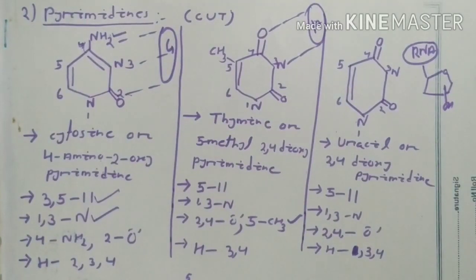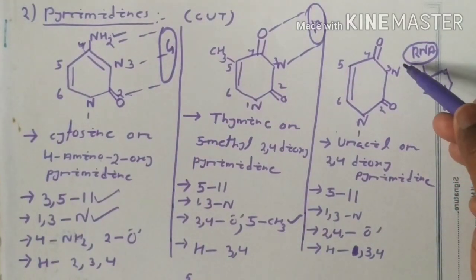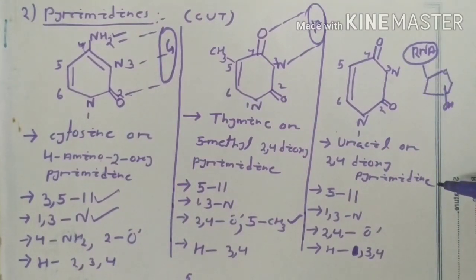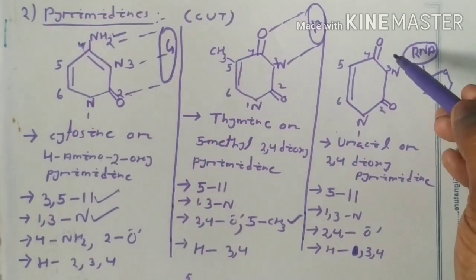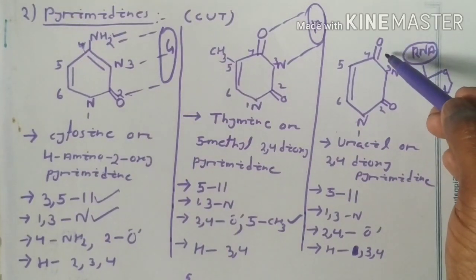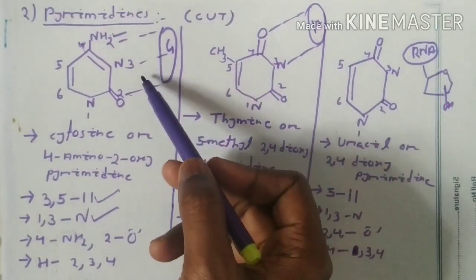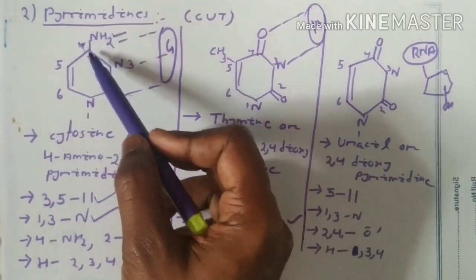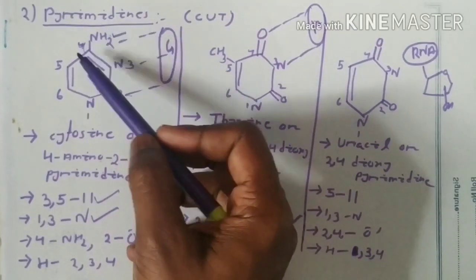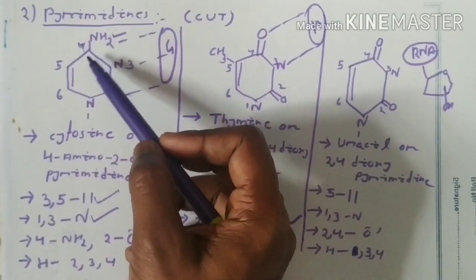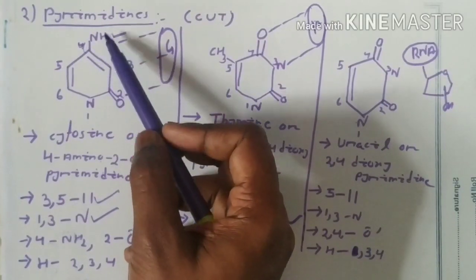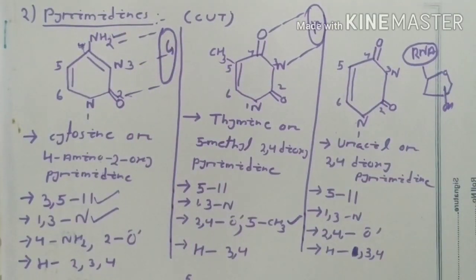This uracil is also known as 2,4-dioxy pyrimidine, and this can be formed by deamination of cytosine, because if the amino group is removed, then it will form an oxygen atom here and form uracil.